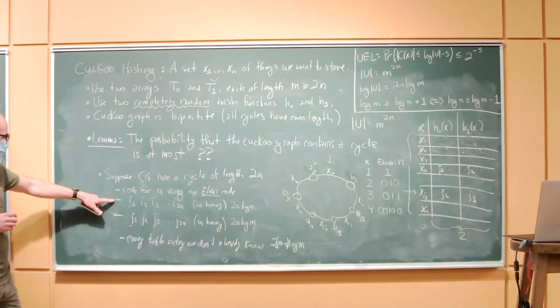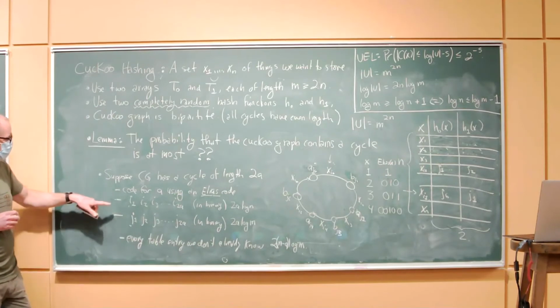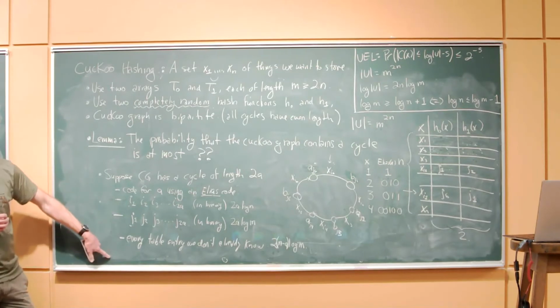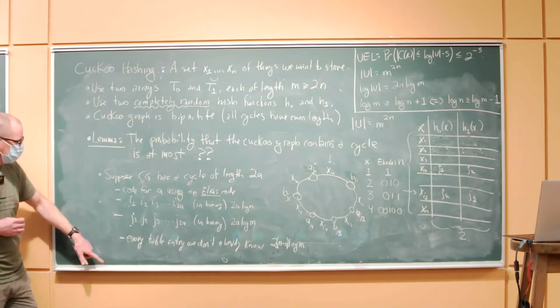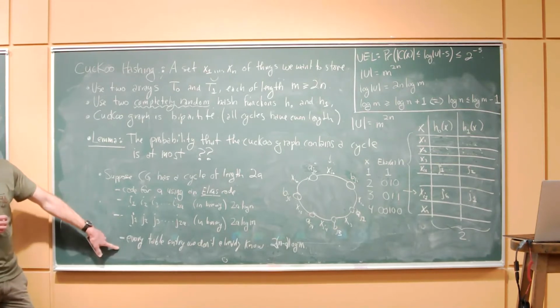And the thing that we're going to use here is this. Somehow it looks like things are going to even out. Whatever we spent up here, we're going to save down here.